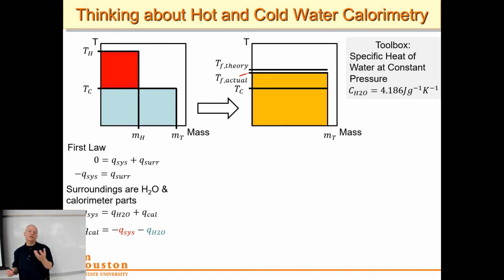And so those things have stolen some of our joules. And we have to account for that. That's the calorimeter parts. And we'll have what we call a calorimeter constant. So we put in a certain amount of joules, and it takes a few joules to raise the temperature of the calorimeter parts, and the rest of those joules goes into water and raises the temperature of the water. We conceptually have what's going on.